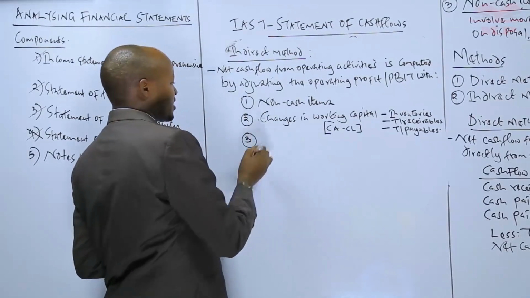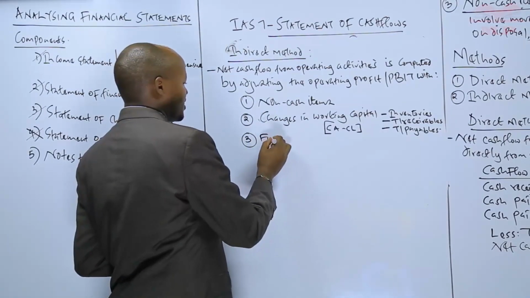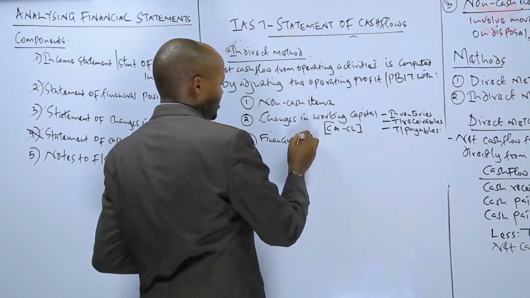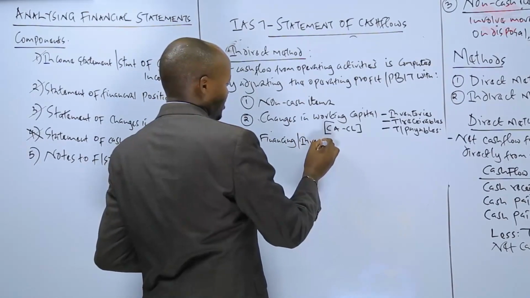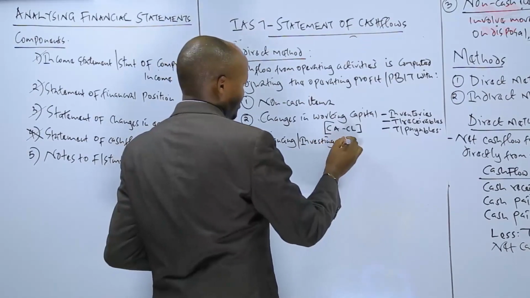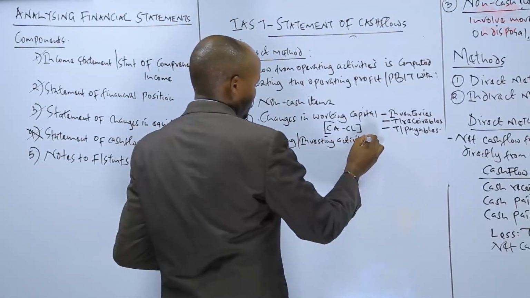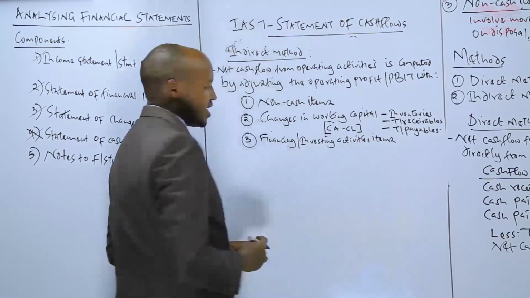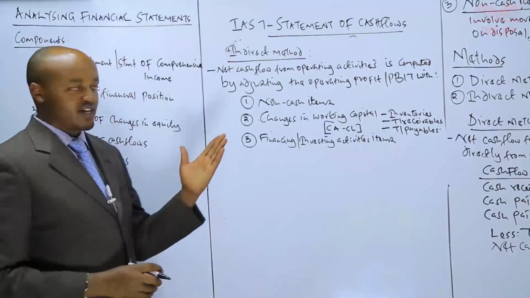Three, we also adjust that particular profit with the financing stroke investing activities items, which were either added or deducted in arriving at that profit.